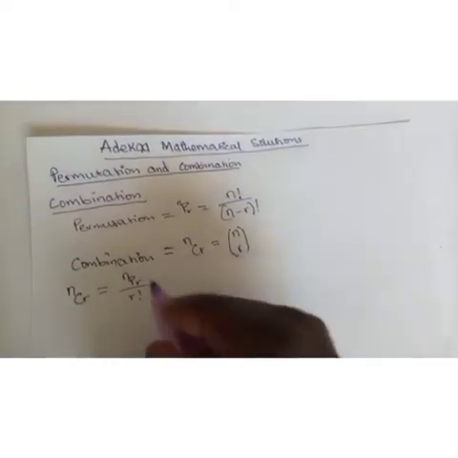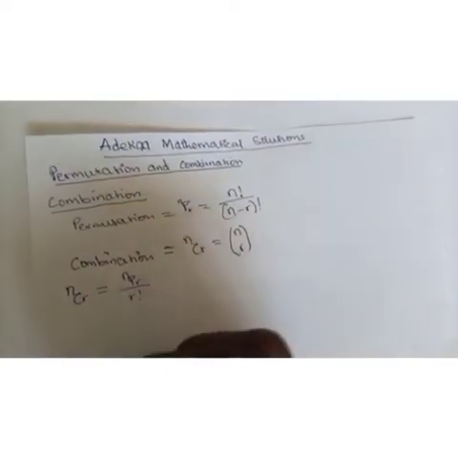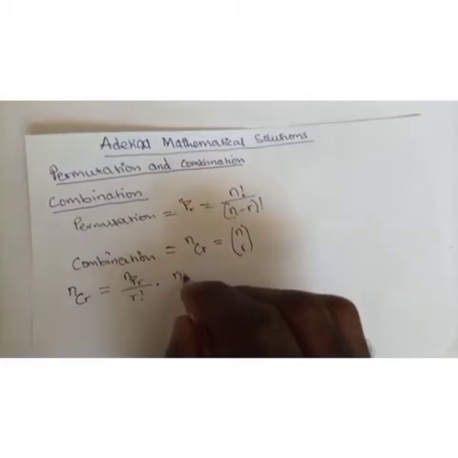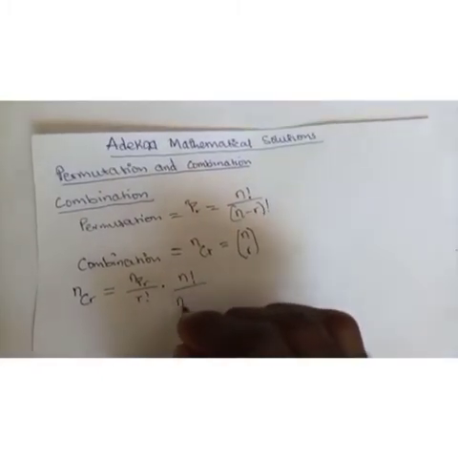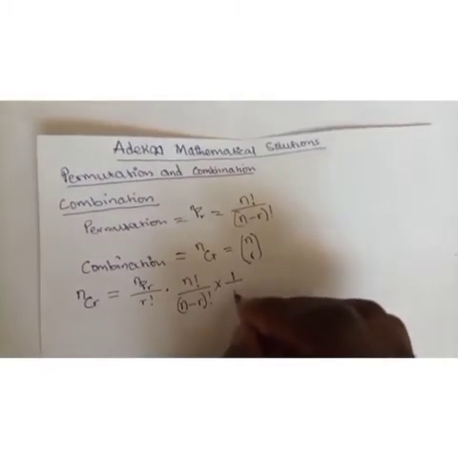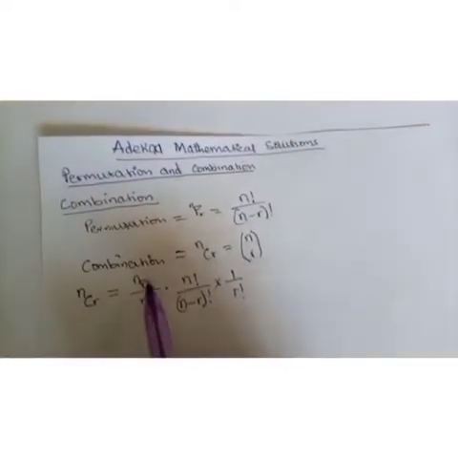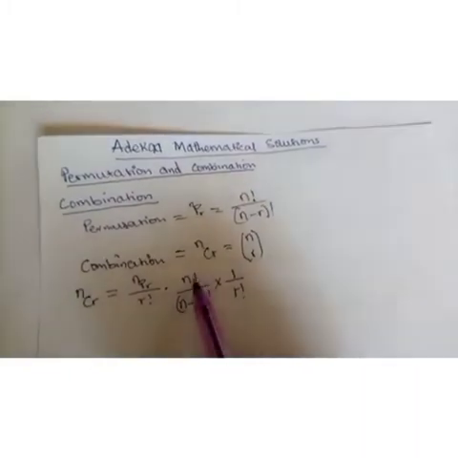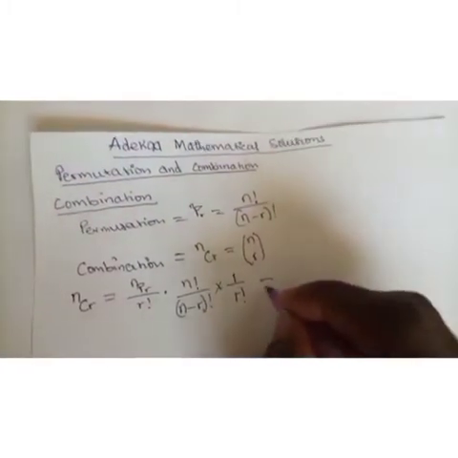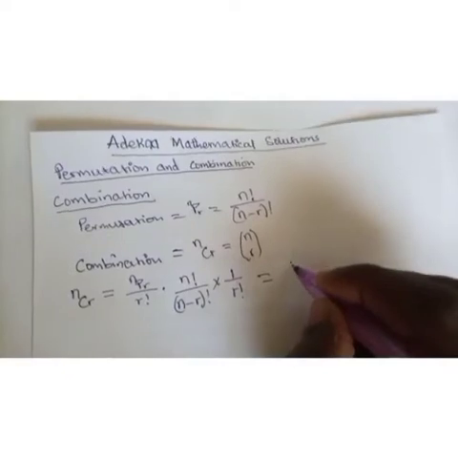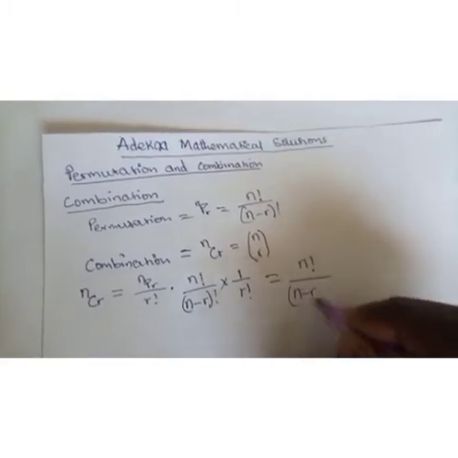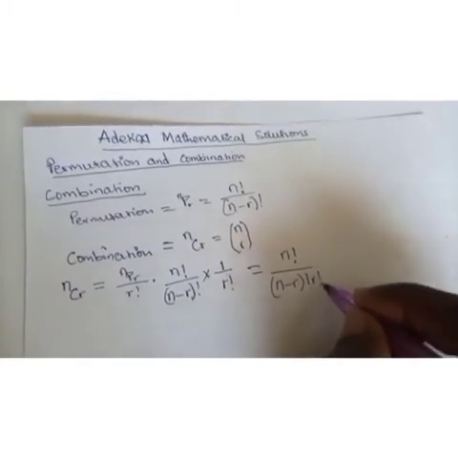Since we know n permutation r is written as n factorial over n minus r factorial, multiplied by 1 over r factorial, n combination r will be n factorial over n minus r factorial, then r factorial.